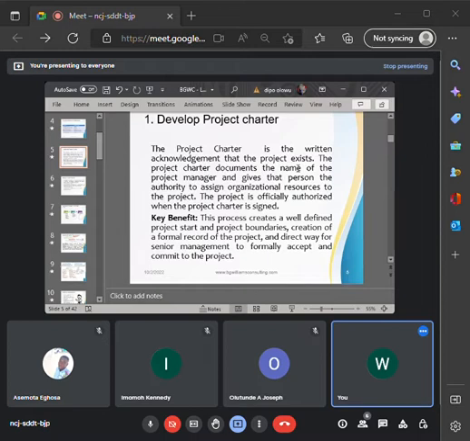And that document must, I use the word must, it must contain the name of the project manager, showing that the project manager has the authority to spend organizational resources.